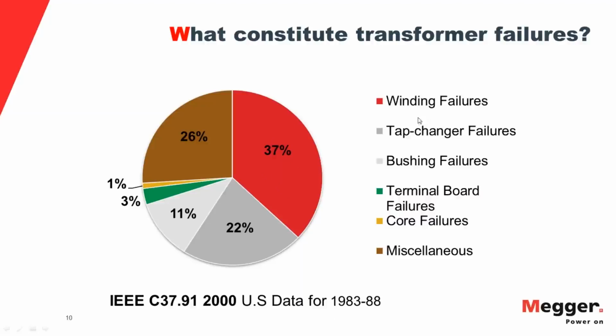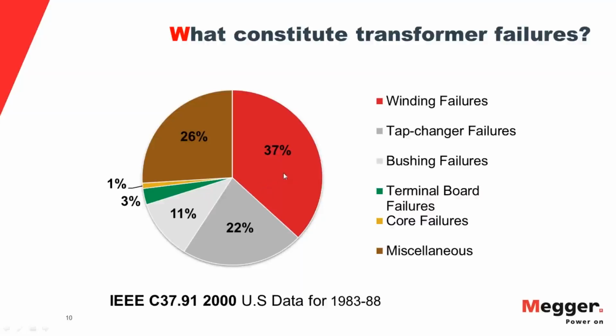These winding failures can be caused by overheating of the windings, vibration effects, or insulation deterioration. So these could be some of the causes for winding problems.